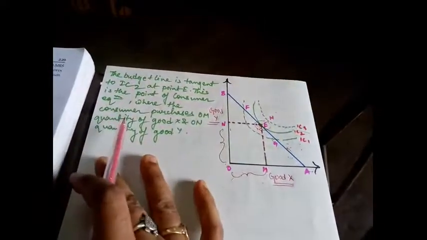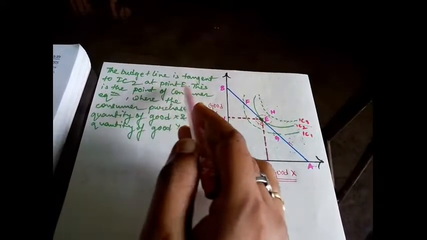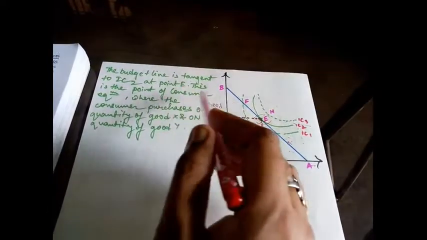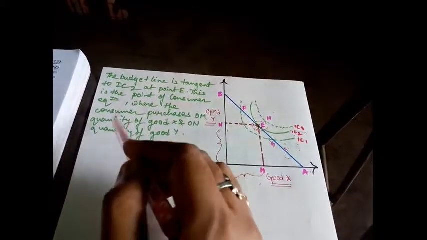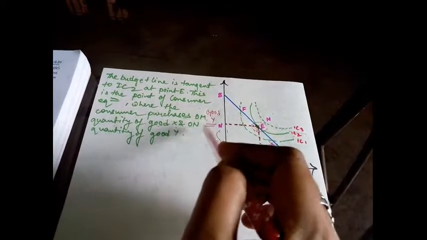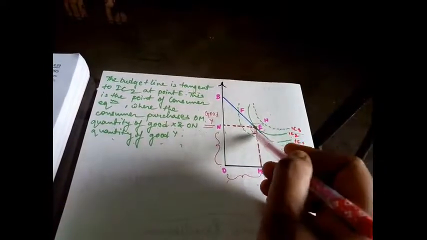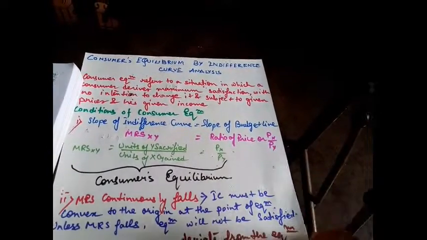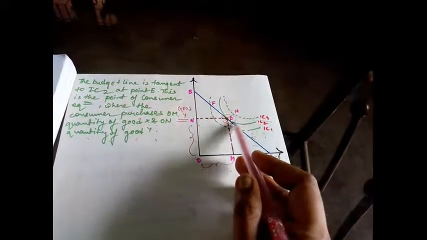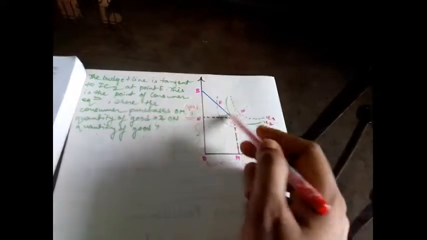So what is written here? The budget line is tangent to indifference curve 2 at point E. This is the point of consumer equilibrium where the consumer purchases OM quantity of good X and ON quantity of good Y. Okay, so at this point, the 2 conditions of consumer equilibrium: MRS XY equals PX by PY, which is satisfied at point E. And second, MRS continuously falls, means the slope of the indifference curve is continuously falling.